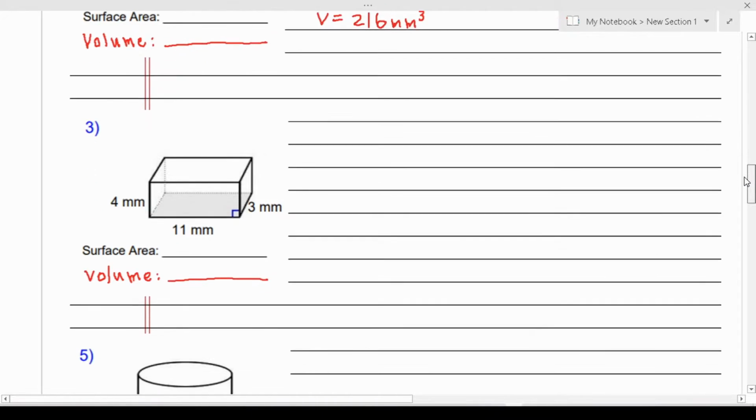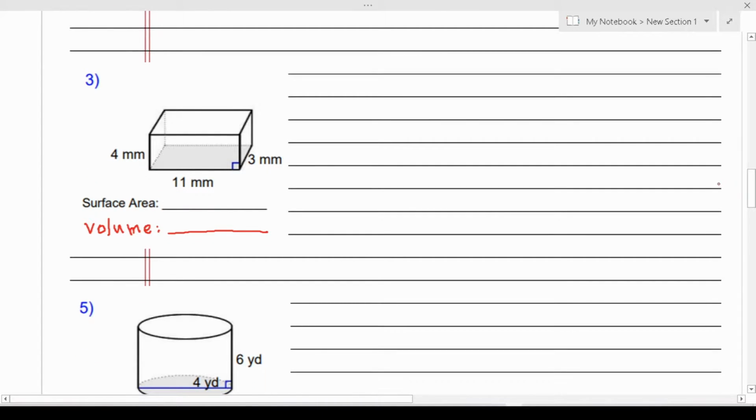All right, so let's move on to a rectangular prism, or a box as it's called. Let's start with volume. Volume is very easy to figure out. And again, for volume, try to imagine filling this box up with water. Volume in this case is going to be length times width times height.